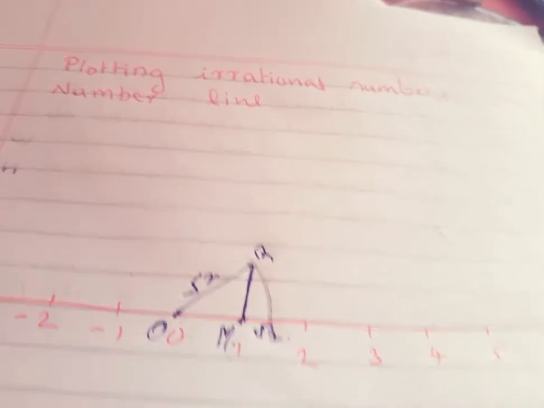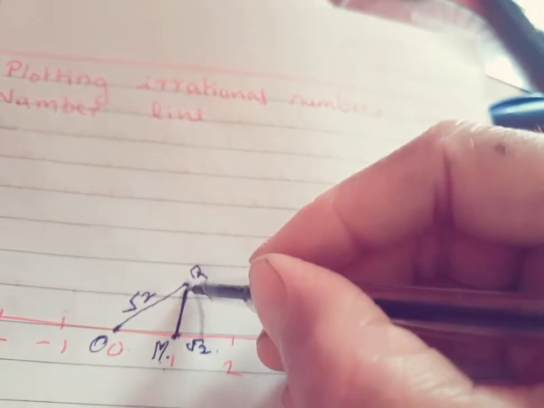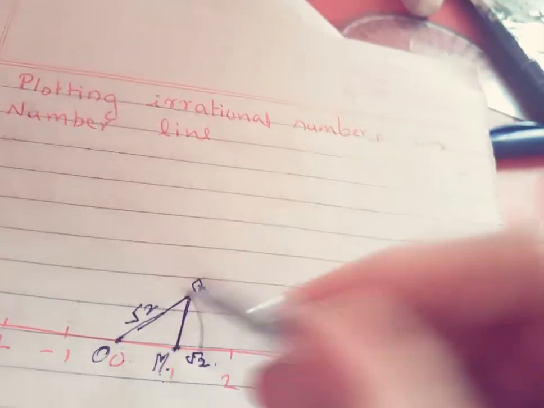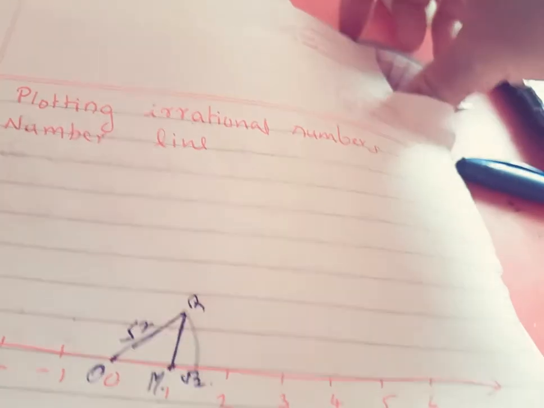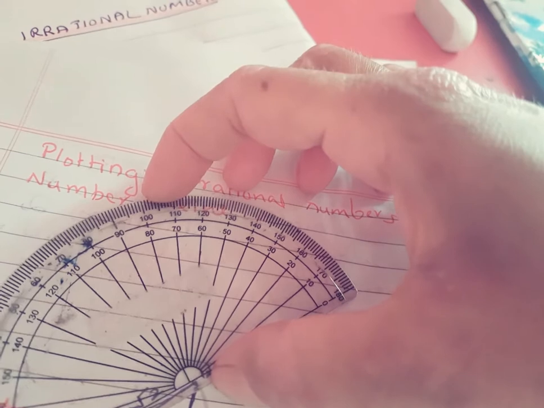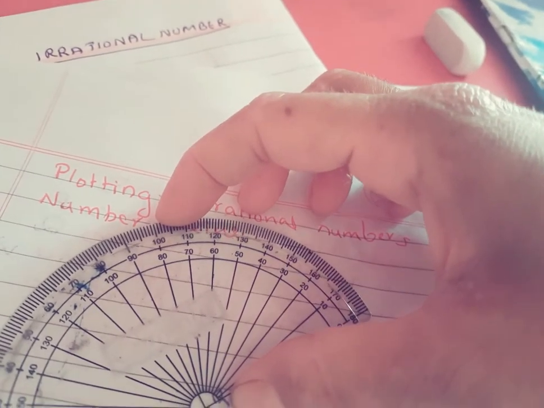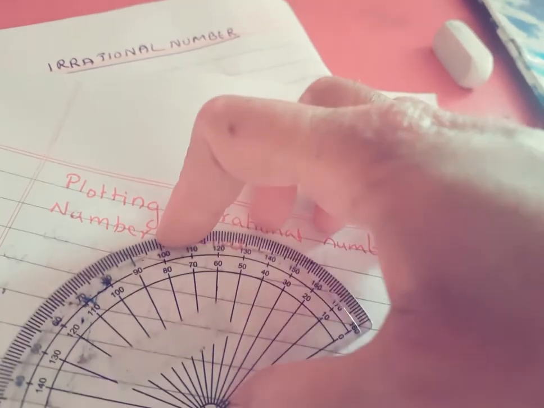Then how to calculate root 3 and plot it on the number line? Again with a protractor. Here, how to keep the protractor? Make a perpendicular for OP, sorry, OP.